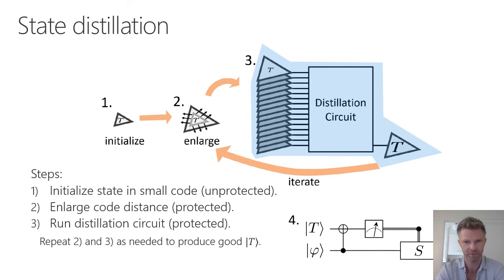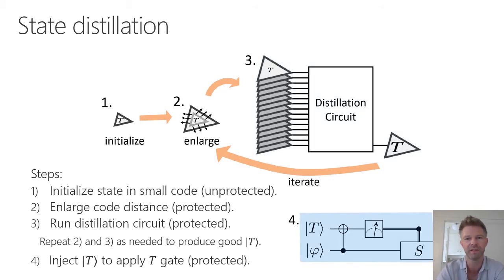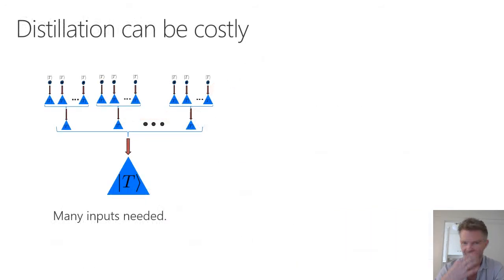And you need to input a number of copies of T states here. It may still not be enough for the purpose of your large scale quantum computation, so you might need to iterate this a number of times to get the desired quality. But once you do have it, then you can use that T state to implement the T gate, the non-Clifford gate. Okay, so at a high level, that's how distillation works.